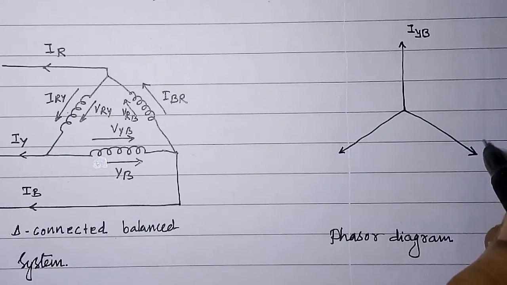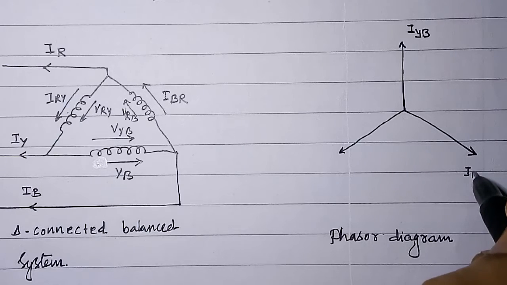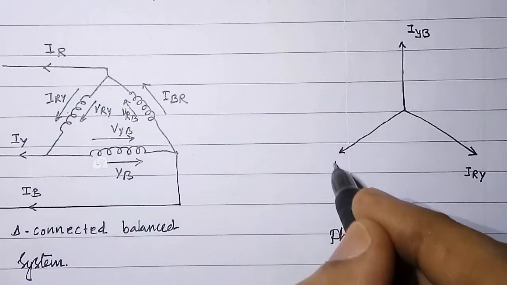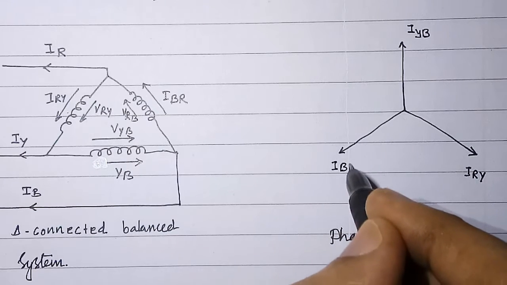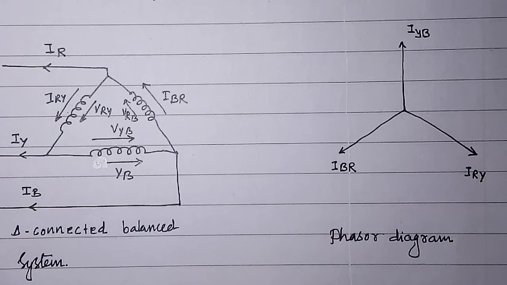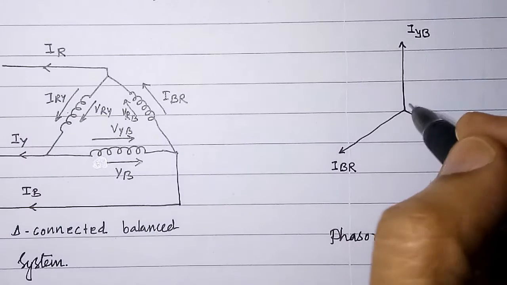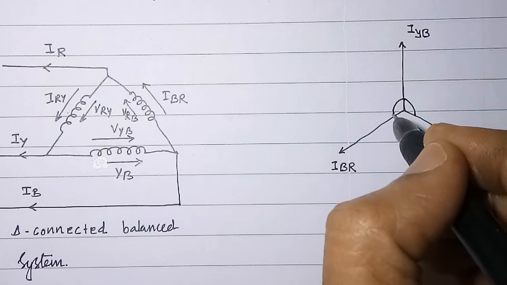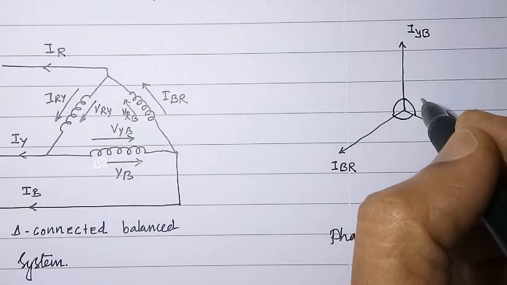IYB, IRY and IBR, these are the phase current phasors here. Angle between each of these currents is 120 degree.